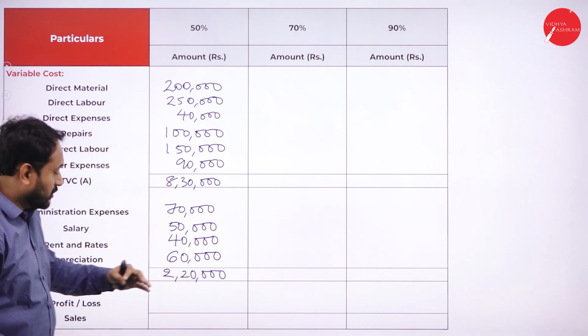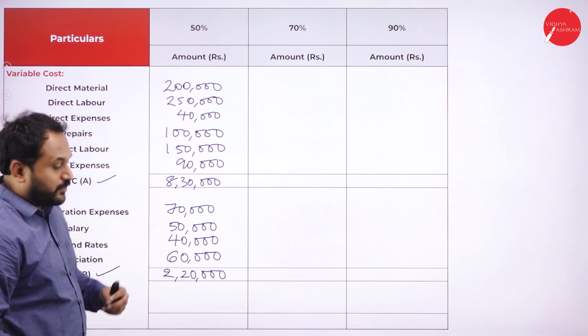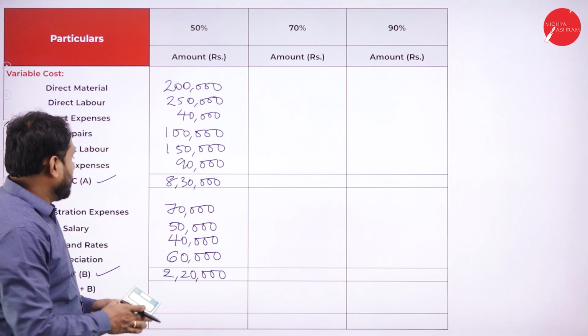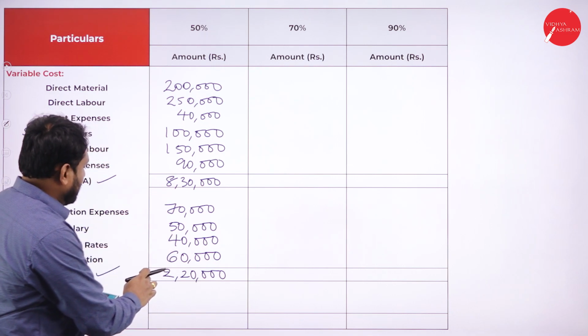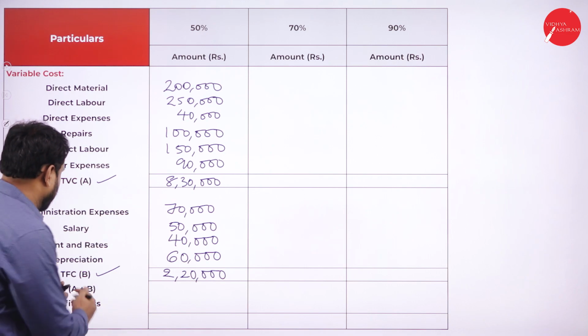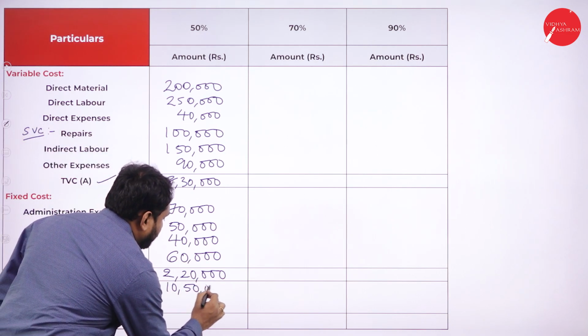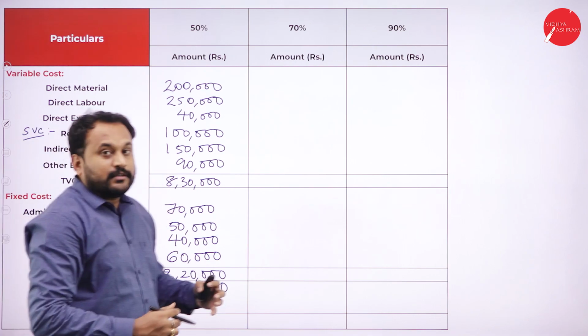What is total cost? Total cost is always A plus B. Now we have 8,30,000. 8 lakh plus 2 lakh is 10 lakh. 10 lakh plus 30 and 20 is 10,50,000. So we got here total cost 10,50,000. Till here we are done.